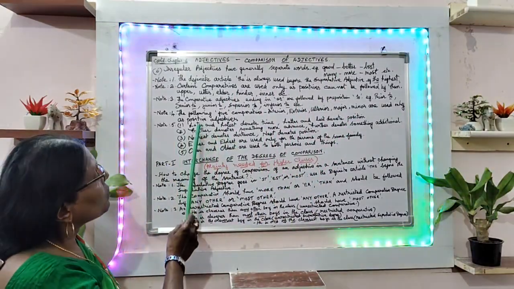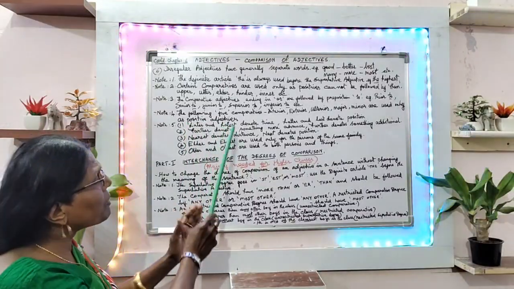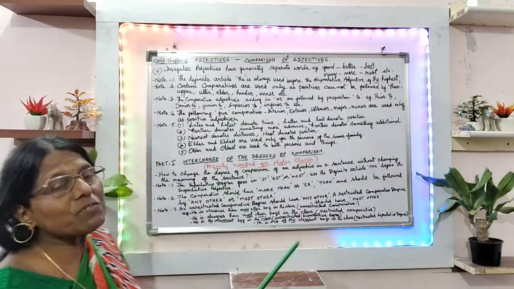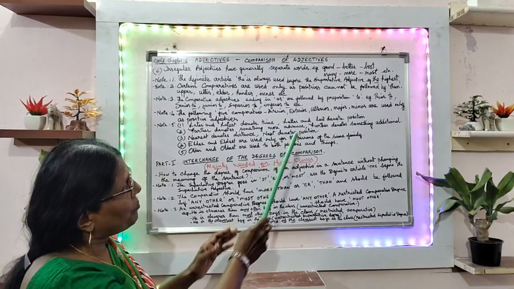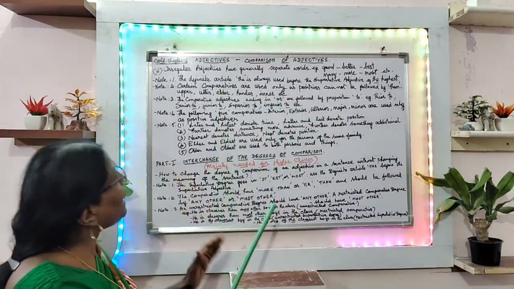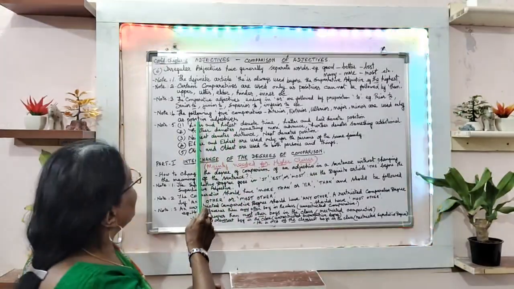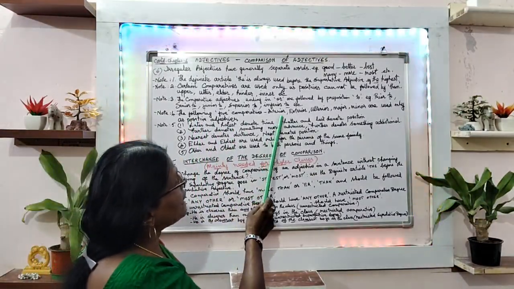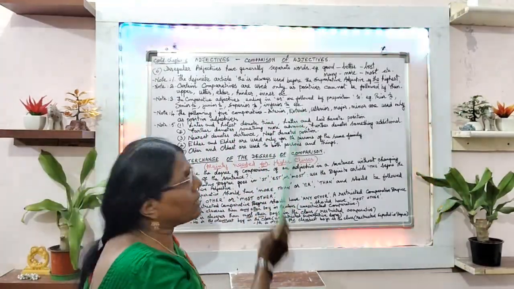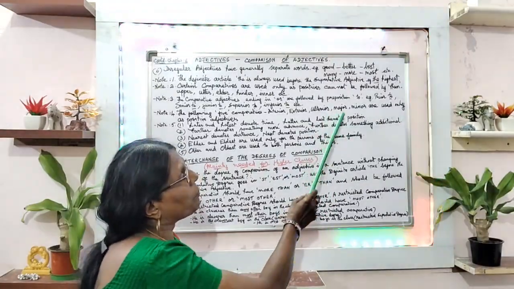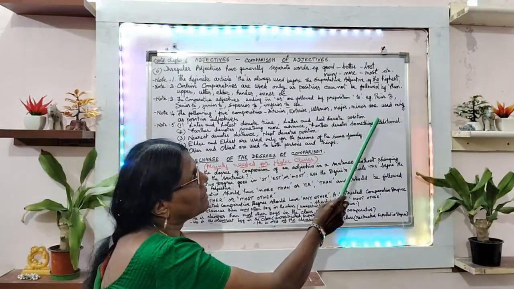Then again, there are some comparatives. Around 5 comparatives are there. They are used only as positive adjectives. They are interior, exterior, ulterior, major, minor.